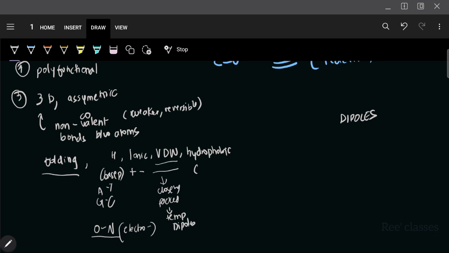So this is actually a really interesting concept and such a key interaction that happens. So a dipole is basically if you have a molecule or a bond, right, between two, and in that same molecule the positive and the negative charges separate out to two ends.